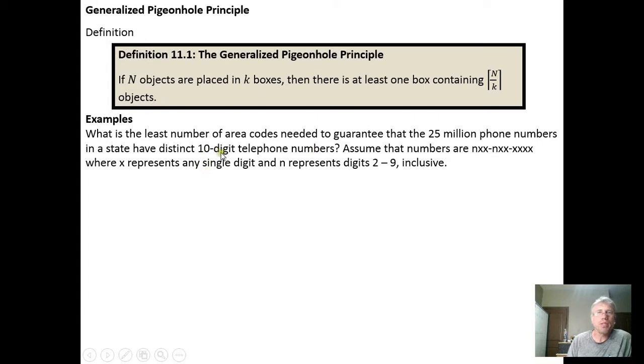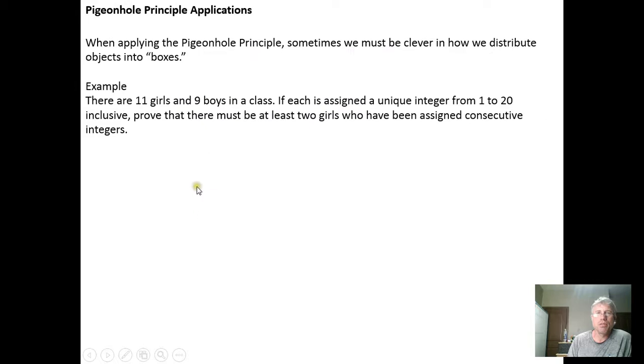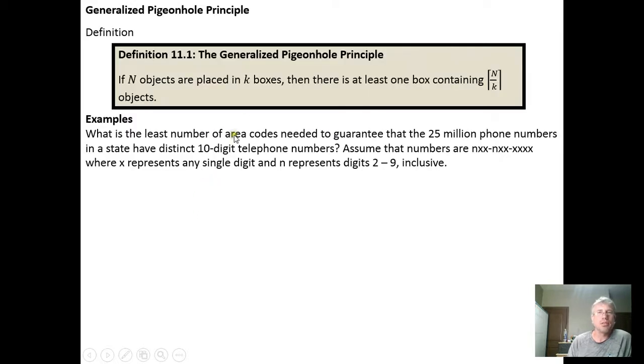So it says, what is the least number of area codes needed to guarantee that 25 million phone numbers have distinct 10-digit telephone numbers.